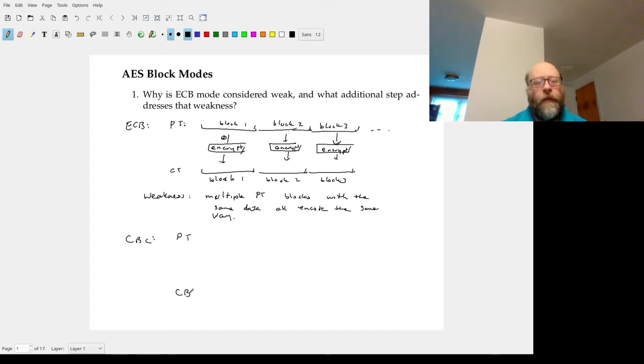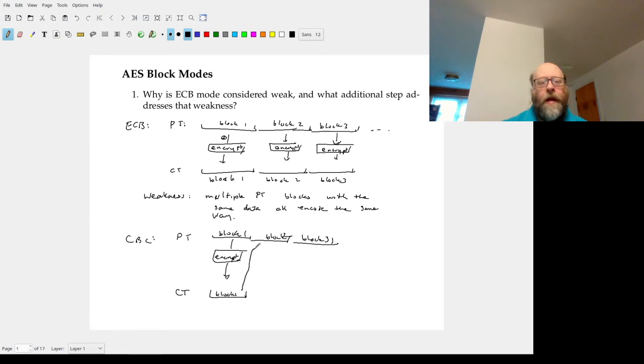We have multiple blocks here. We'll encrypt the first block, and we get a block of ciphertext.